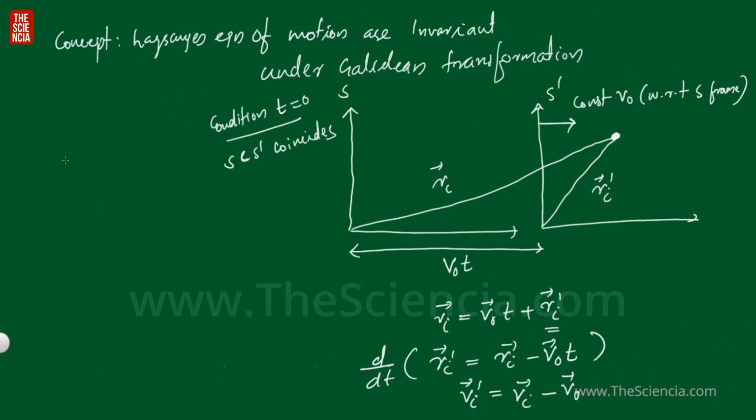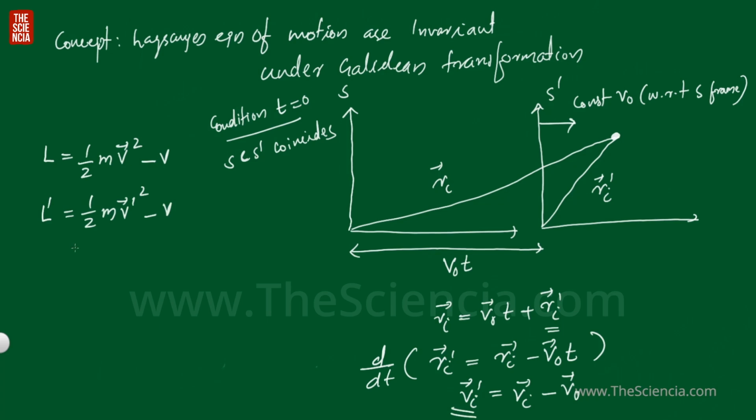And I am considering Lagrangian in S frame. So Lagrangian in S frame is half m v vector square minus V, that is potential energy. And in S dash frame I am taking L prime, that will be equal to 1 by 2 m v prime square minus V. And what is v prime?